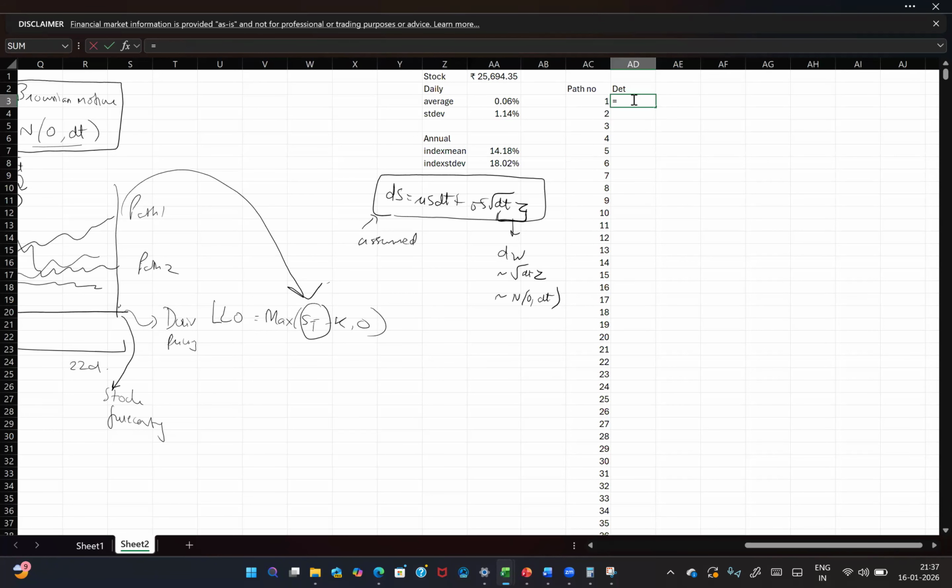So deterministic is index mean into stock initial, which is mu into S into dt. So what is dt for us? 1 day, right? So I can do 1 by 252 because there are 252 trading days. So dt is 1 day. So this is your deterministic part.